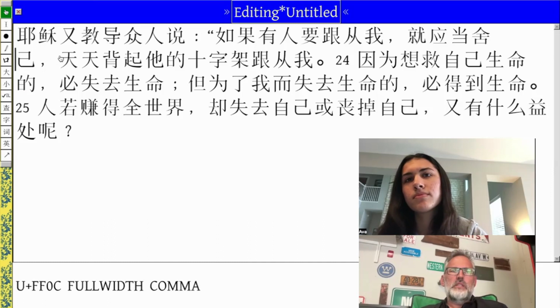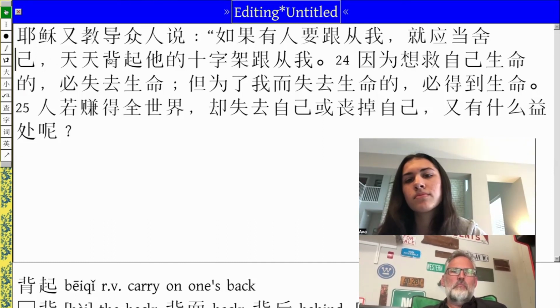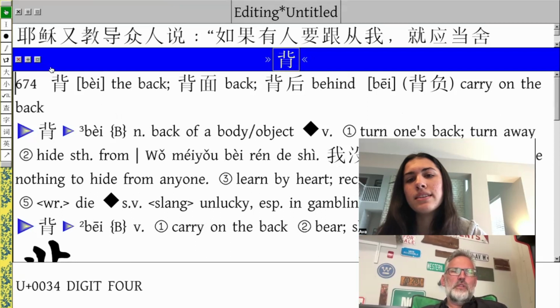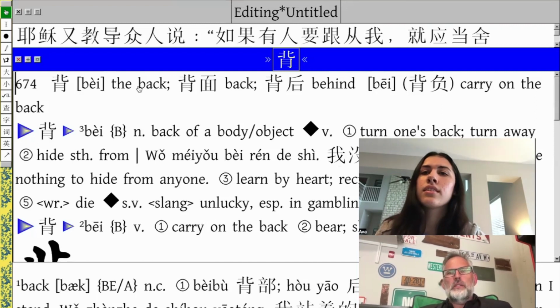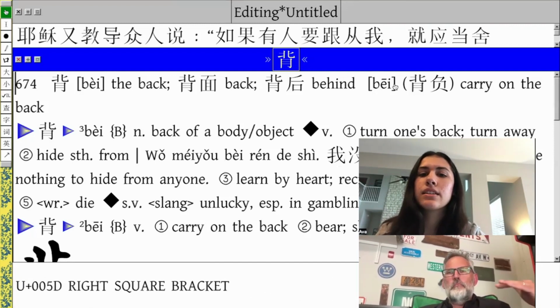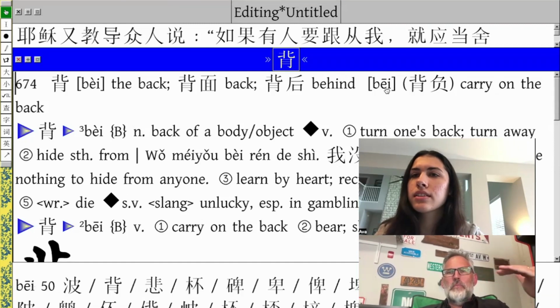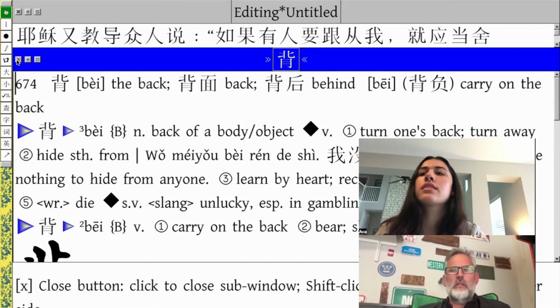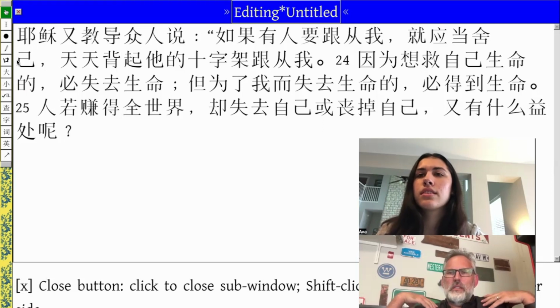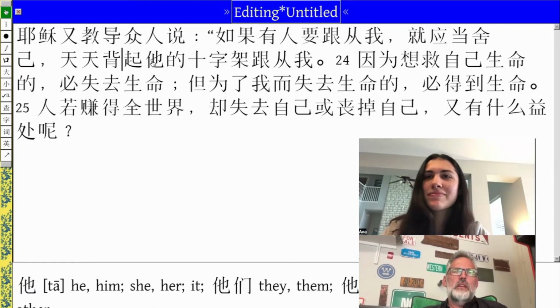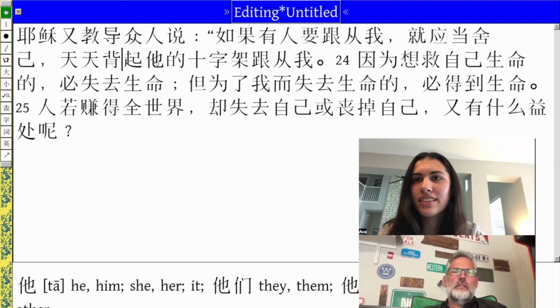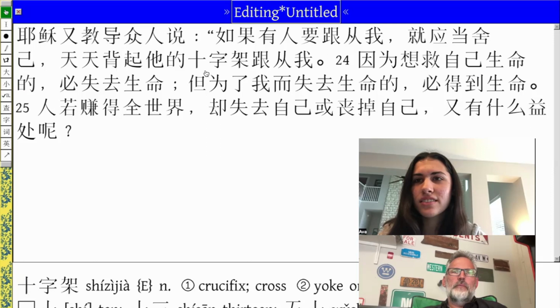In the Bible to say 天天. And then 背 is the number 674th most used character. It means the back, so 我的背疼了, fourth tone. Or 背起来, 背 in first tone, is to carry on your back. So 你背着你的弟弟在背上, you carry your little brother on your back. 天天背起, and then this is 他的, what is this? 十字.